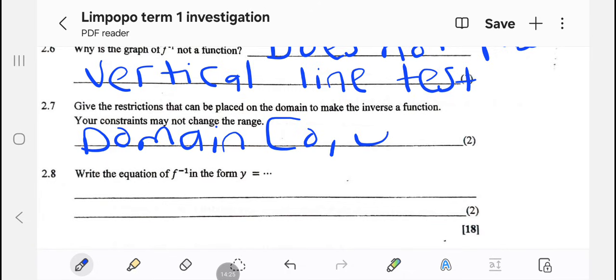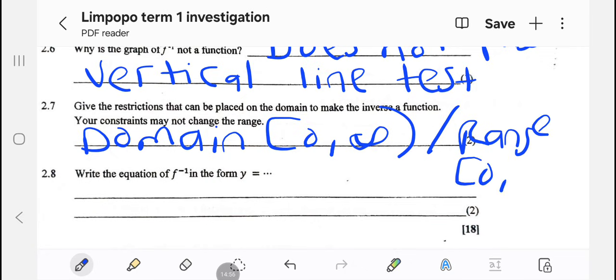What does it mean? It means we cut the graph in half so that the vertical line test cuts the graph only once. So we restrict that domain by cutting it in half. You just write 0 to positive infinity, including 0. And also the range, we restrict it also, 0 to positive infinity. It's the same thing.